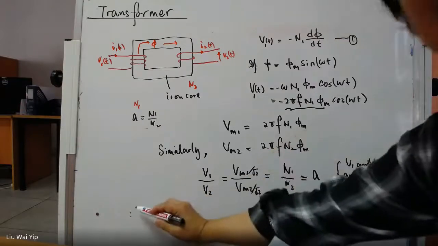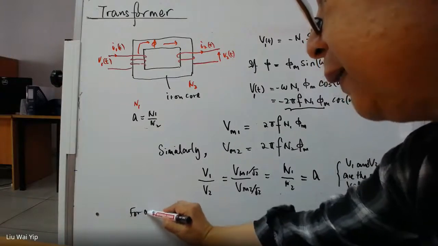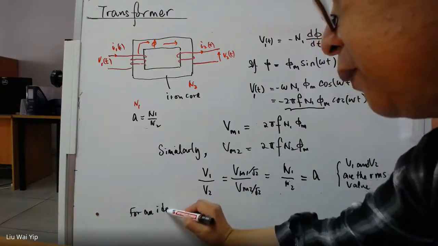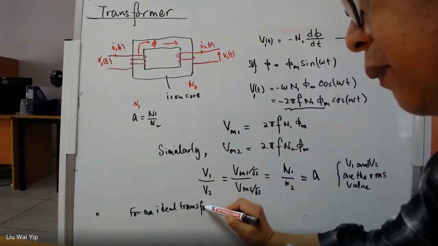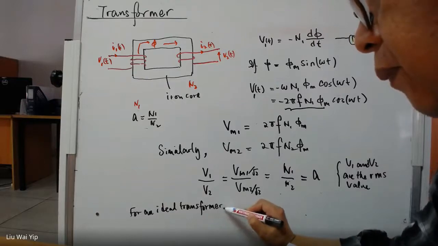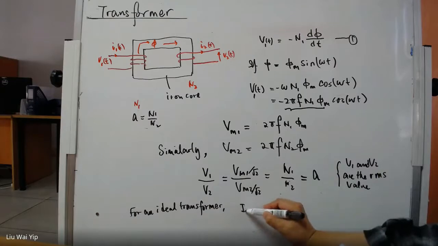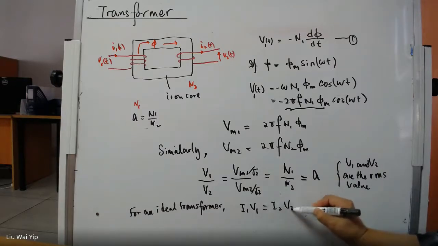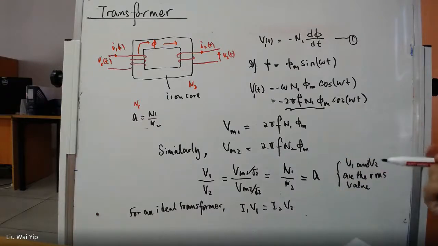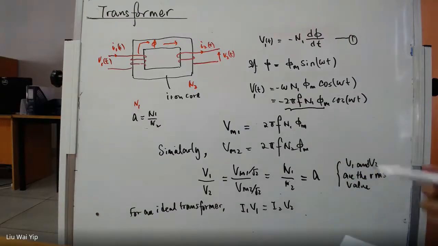So I would say this: for an ideal transformer, I1 V1 is equal to I2 V2. They are all in root mean square value. If the root mean square value works, then the phasor will also work in the same manner.